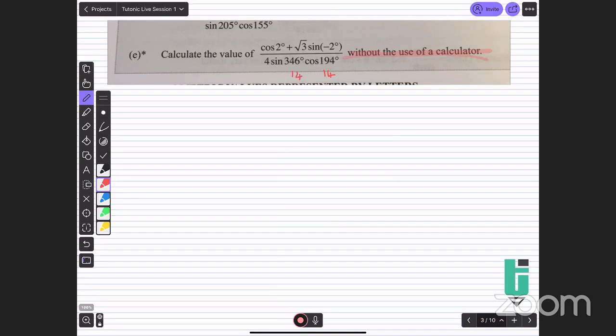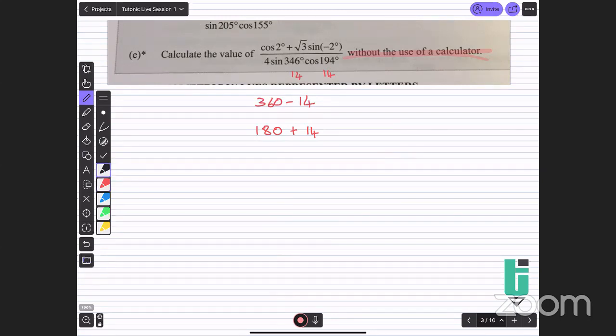Do you guys see the link here? 346 is 360 minus 14, and 194 is 180 plus 14. You have to try and connect it to a common value. I have a feeling that these will cancel soon. But anyway, let's just see.